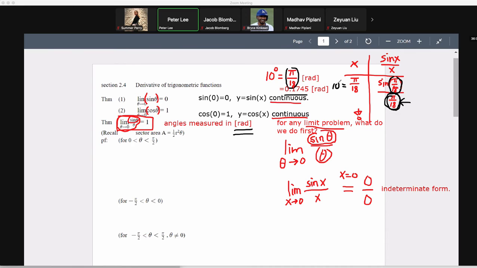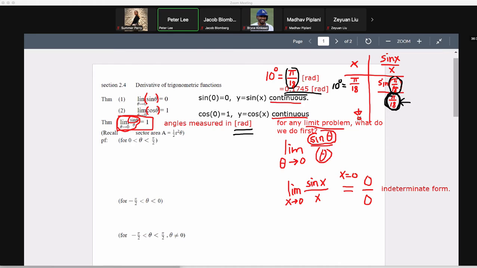When you plug x into the expression sine x, you have to plug in the value in radians. Putting a 10 here is not the same as putting pi over 18, because pi over 18 radians is about 0.1745. It's actually a different number.